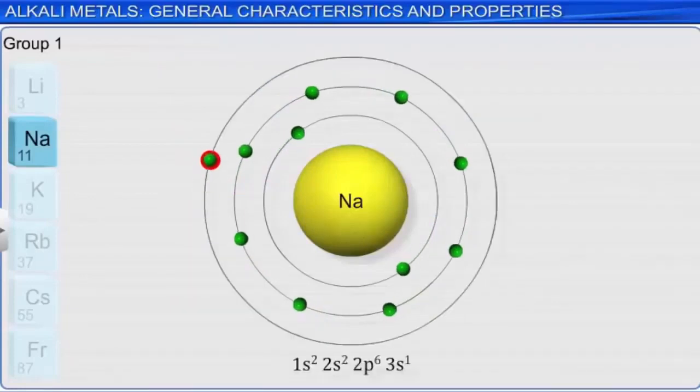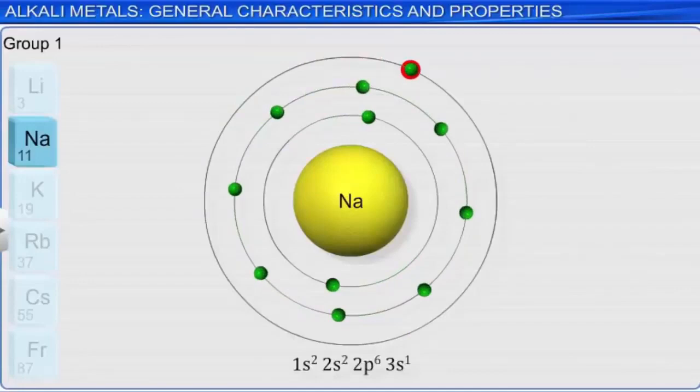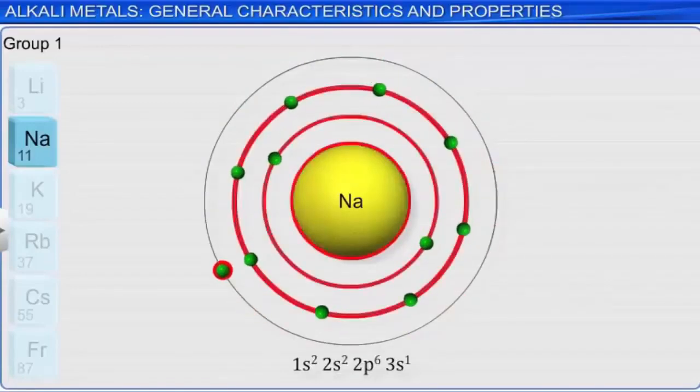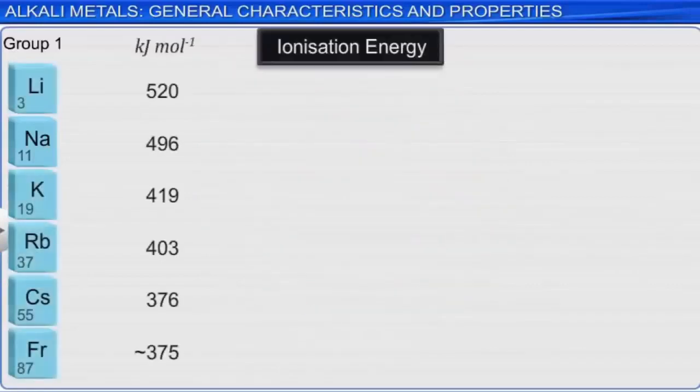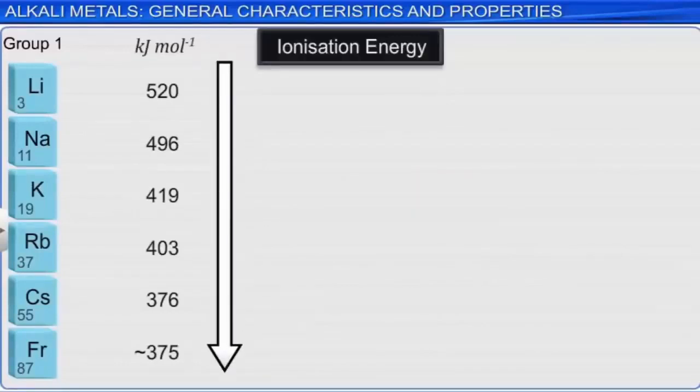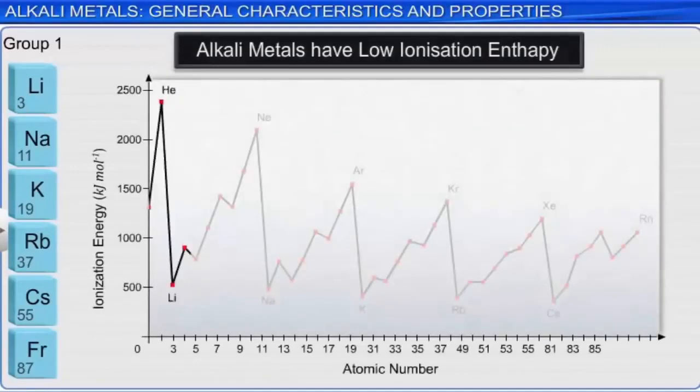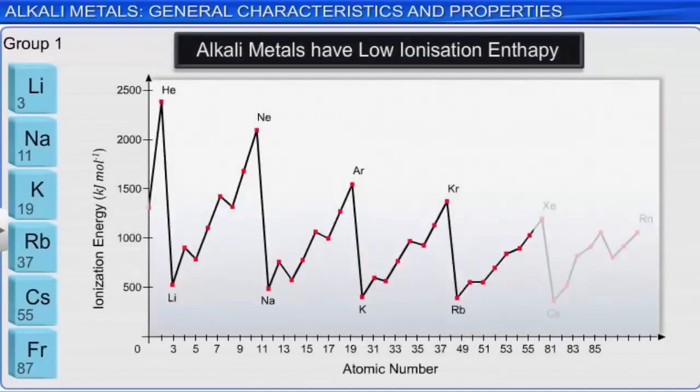Next, let us study ionization enthalpy. What is ionization enthalpy? The energy required to remove the most loosely bound electron in a valence shell is called ionization enthalpy. Alkali metals have low ionization enthalpy.